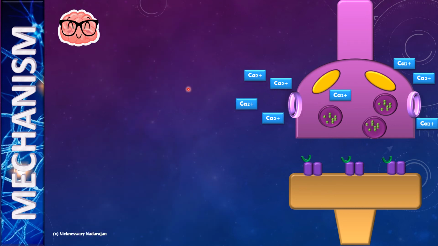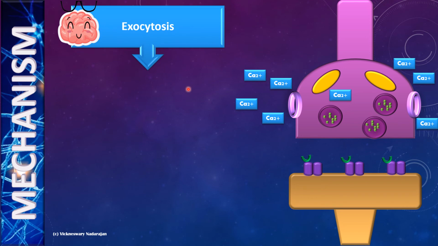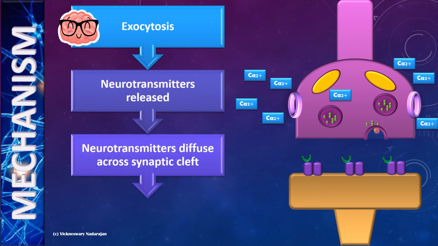Next, exocytosis will occur. That is, the membrane of the vesicle will fuse with the presynaptic membrane, causing the neurotransmitters to diffuse out into the synaptic cleft.